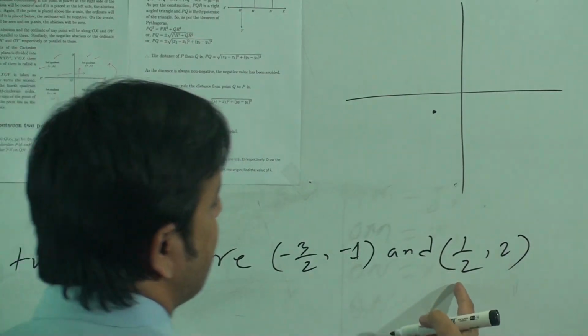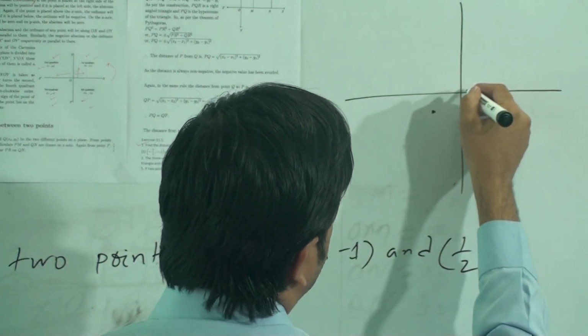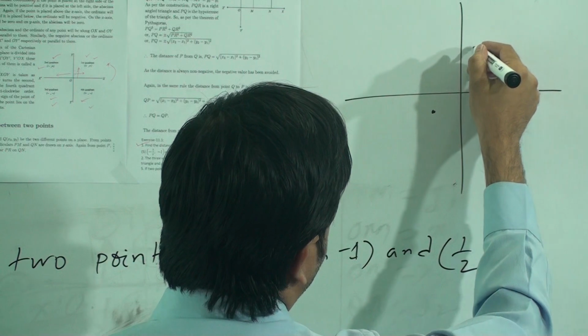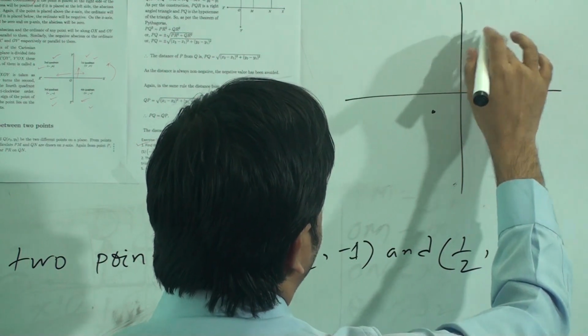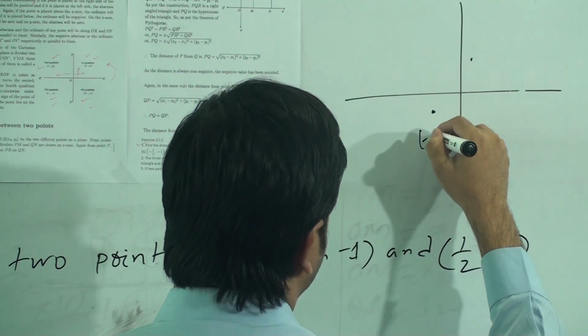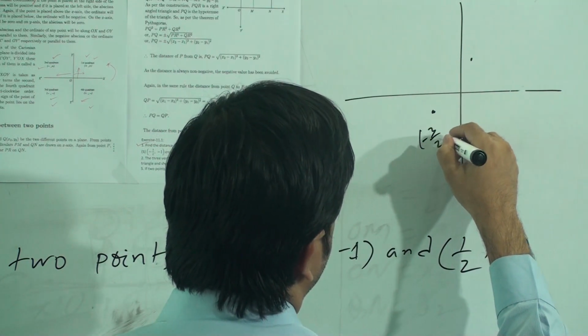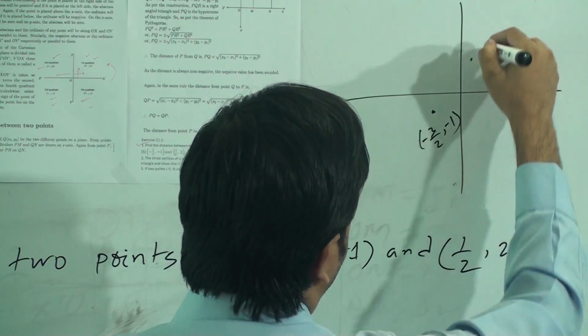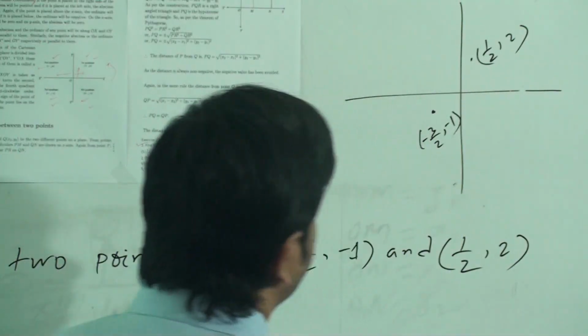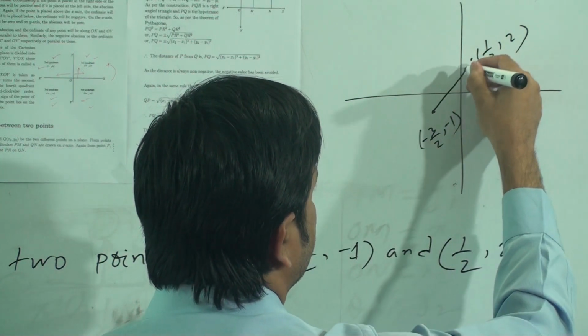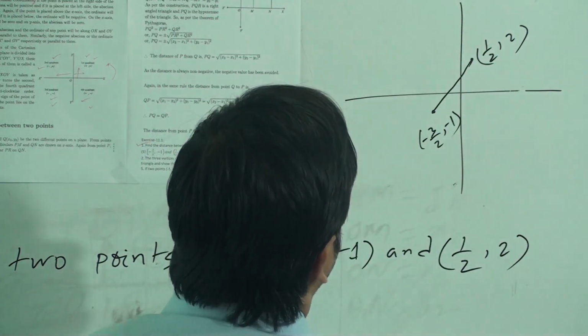And another point is 1/2 and 2, so here will be 1/2 and 2. We need to determine the distance between these 2 points.